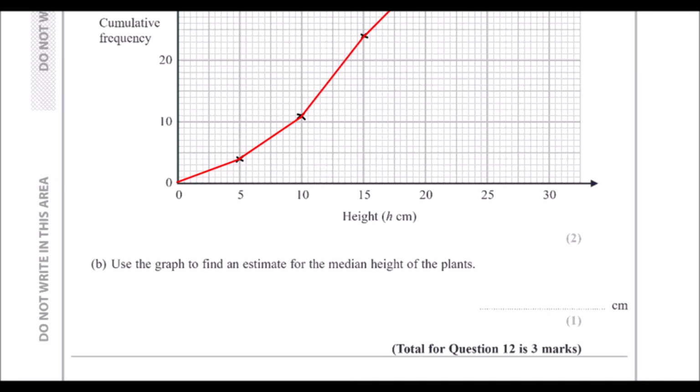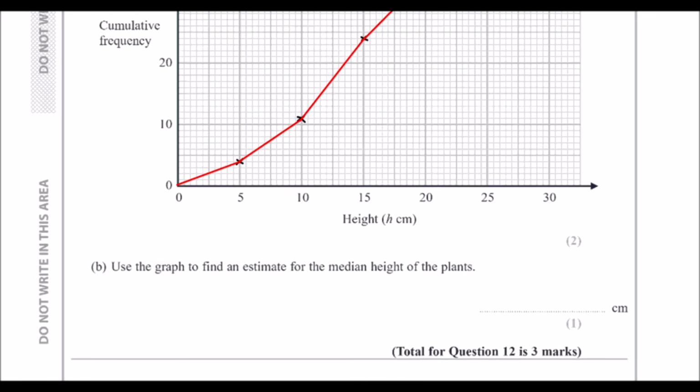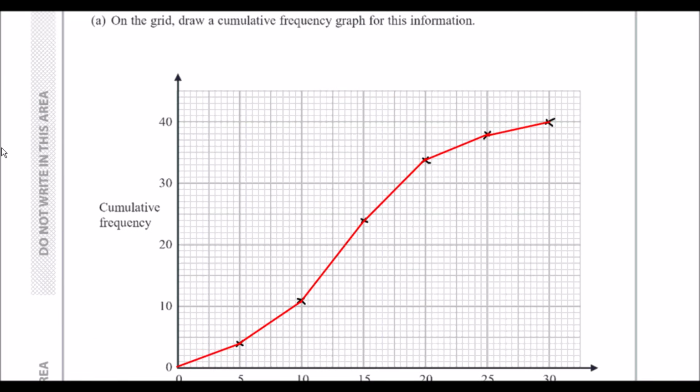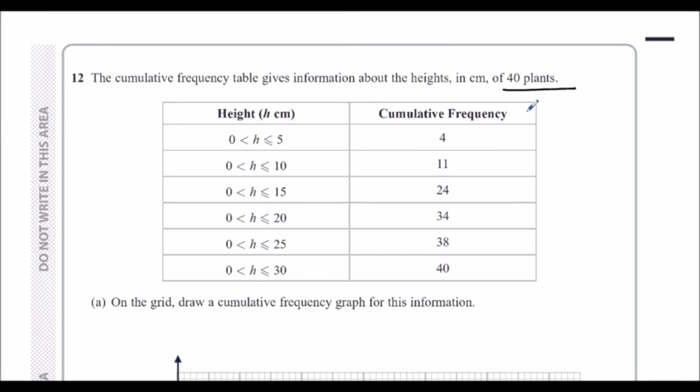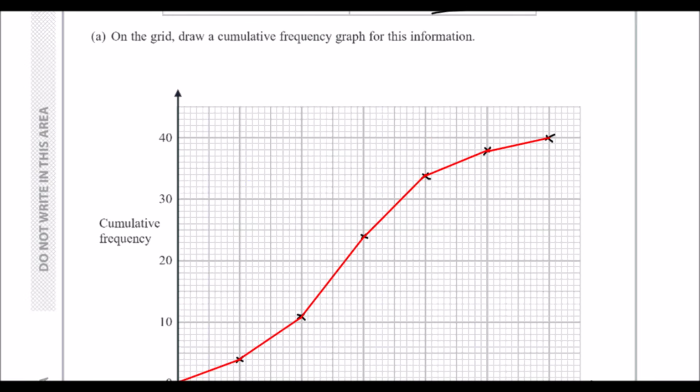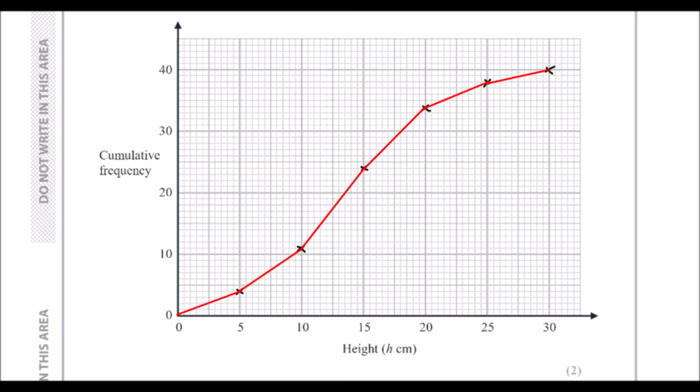Use the graph to find an estimate for the median height of the plants. There are 40 plants. The middle number, halfway, we're going to look for 20, the 20th plant. So on our cumulative frequency, we go to 20, along to our line, and then down.